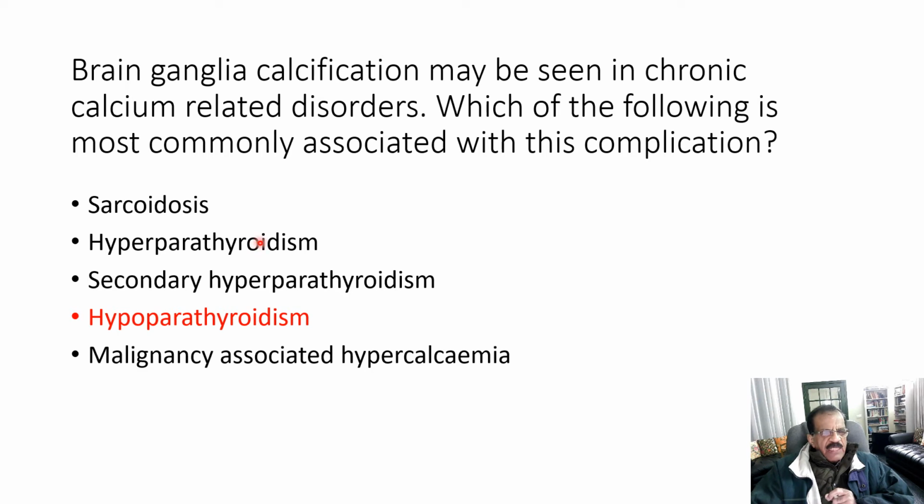In one, calcium goes up, phosphate goes down. In the other, calcium goes down and phosphate goes up. In both, the product is affected, and in this condition, it is more likely that the calcium phosphate product would go above a threshold level where basal ganglia calcification can occur. So this is the correct answer.